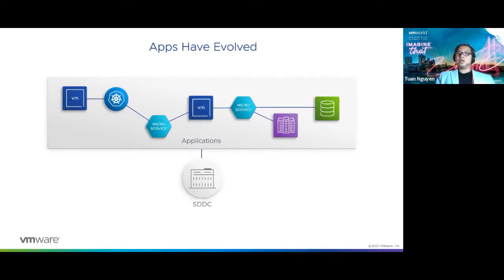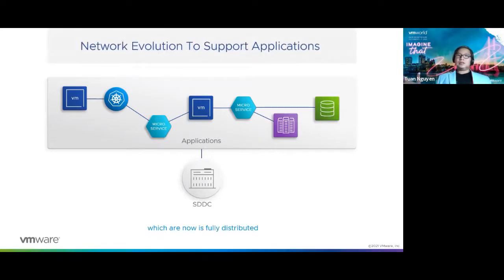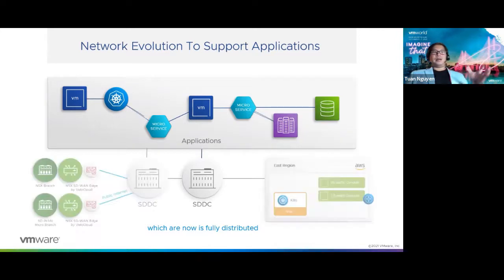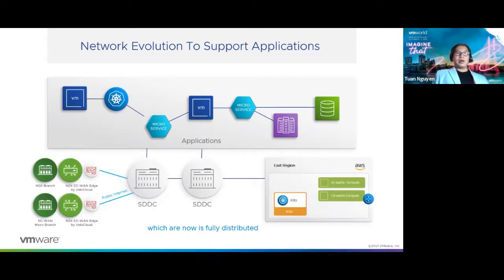They're still running as virtual machines, and some critical workloads like telco we run on bare metal. They're fully distributed, not only in the same data center anymore but expanded to multiple locations, completely agile. It runs all the way to the edge with the SD-WAN concept and the branch, and then moves to the cloud. More and more applications move to the cloud with a lot of benefits you can take from the cloud, but a lot of applications are still running on-prem.